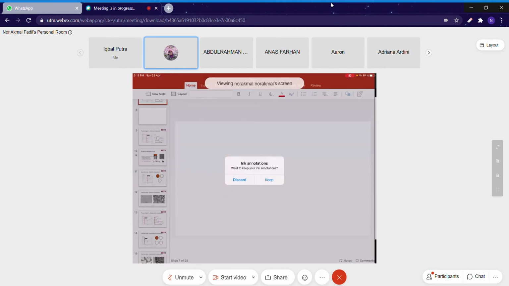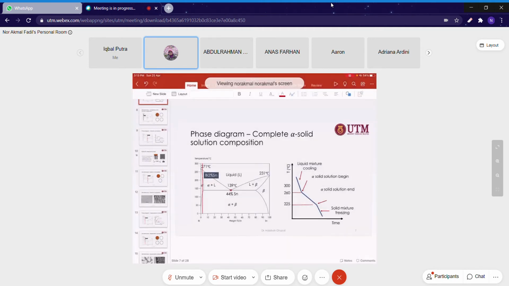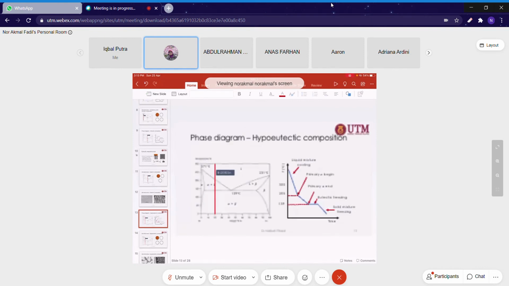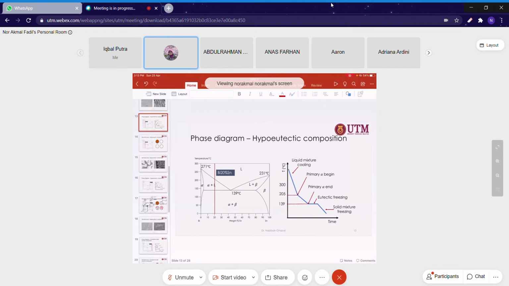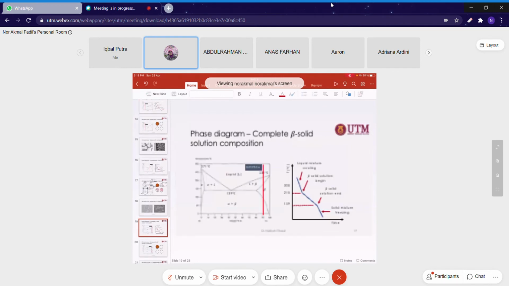Okay, and similar to the other example, where is it? For this point, yes, this point, it is supposed to be about 180. Okay, this is 180.